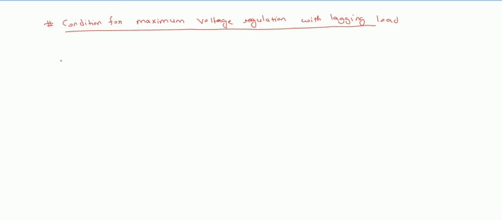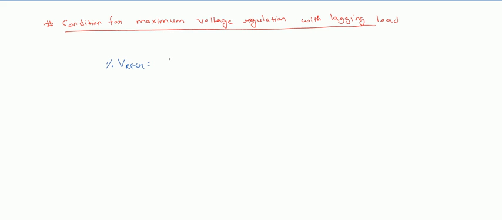Here the derivation for this part is not of that much importance. You don't need to find the voltage regulation using this formula which I am writing over here. You just simply use the formula which we have told earlier, (Vs by A minus Vr) upon Vr.